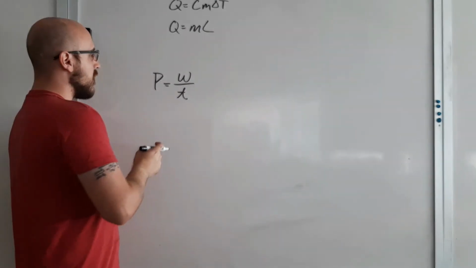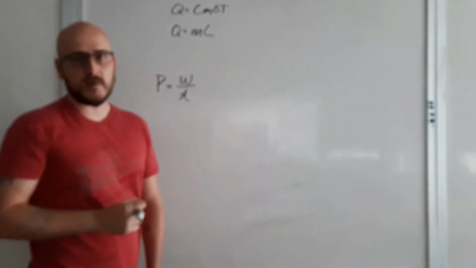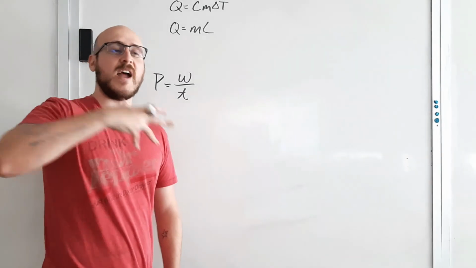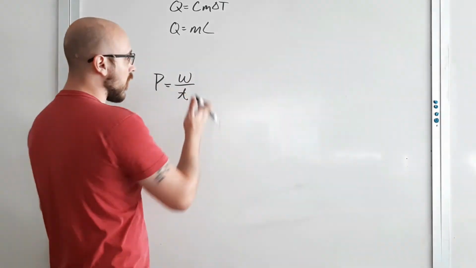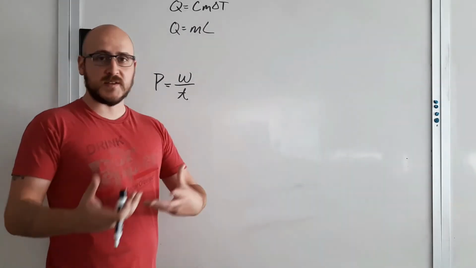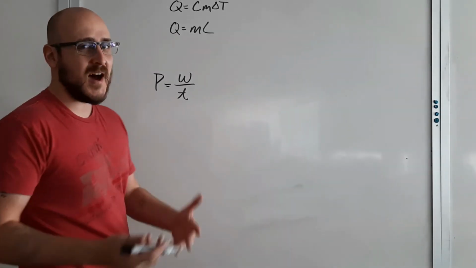The W there, work, is how much heat we're adding to it. When you're doing work on something, you're adding energy to it. Work is another form of energy, and heat is another form of energy. In this case, they are the same thing.